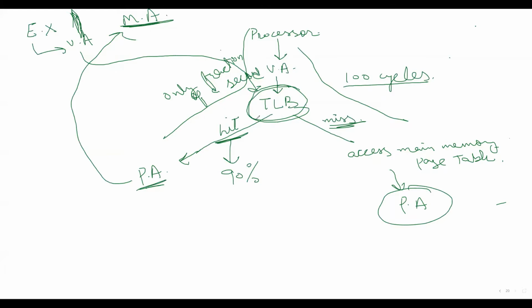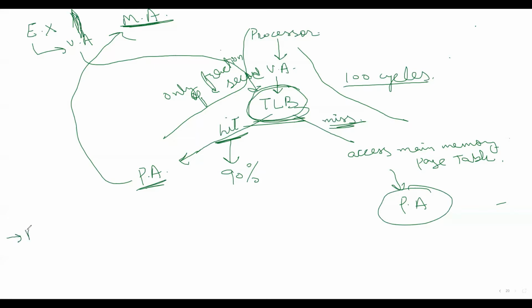Okay, so this TLB plays an important role, and we have to design this TLB in such a way that we should get the maximum hit rate in this particular scenario. Okay, so this completes our various parts.